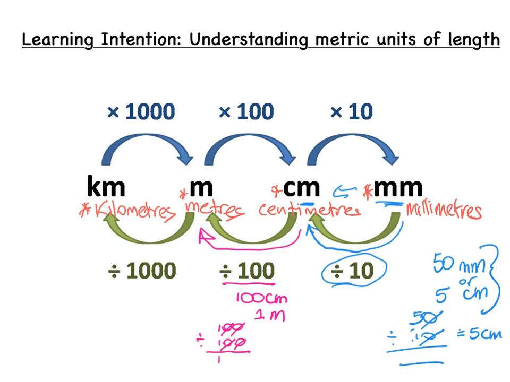Okay, now let's have another go at another number. In particular, we'll go for a large number. So just go around here. All right, so let's say we have 600 meters and we want to convert that into kilometers.